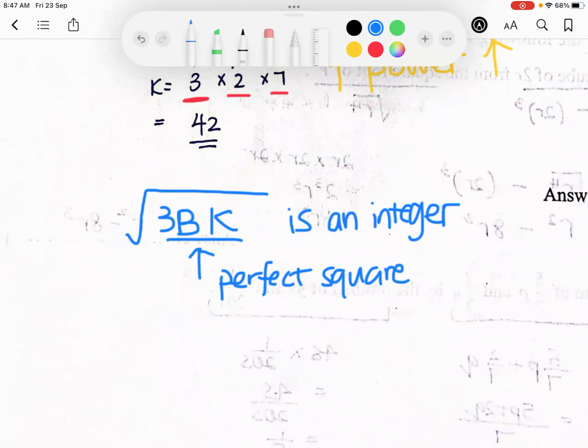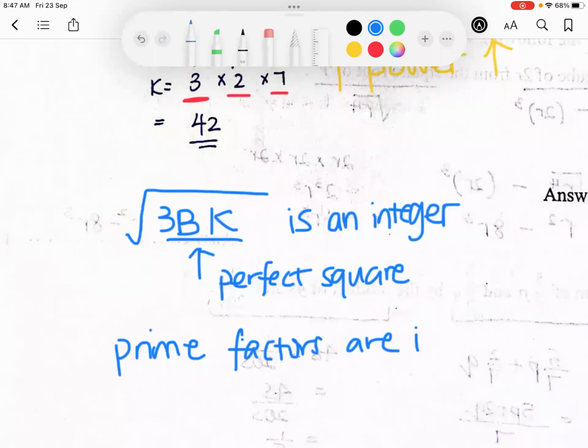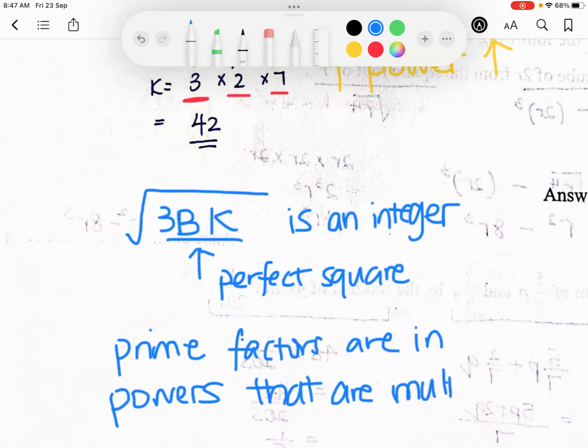But the actual proper definition is that all the prime factors are in powers that are multiples of 2. So this is the definition for a perfect square.